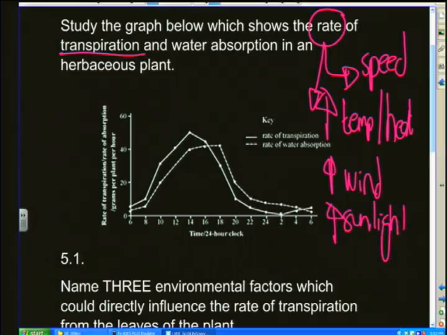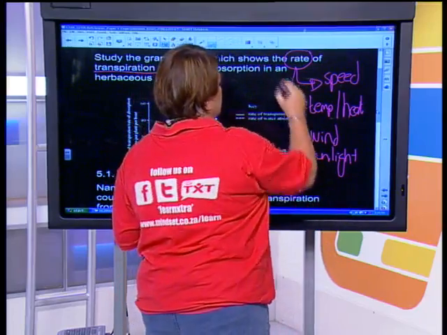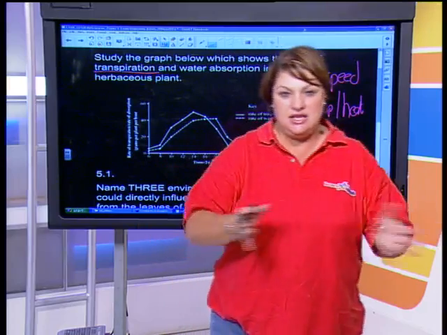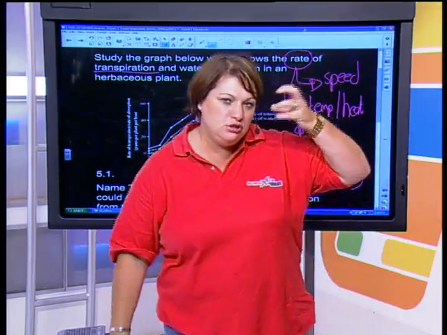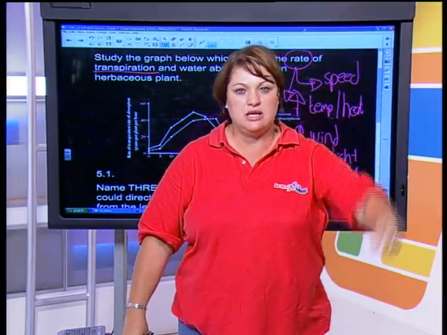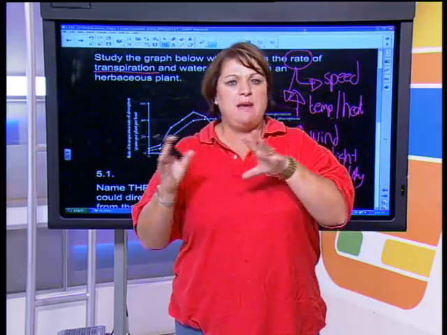The greater the sunlight, the greater the rate of transpiration. Then there's one that's going to decrease, and that is humidity. Obviously, the more water vapor in the air, the less transpiration we have. So as soon as you see rate, you need to think of the conditions outside. Is transpiration happening fast? Is it happening slow?